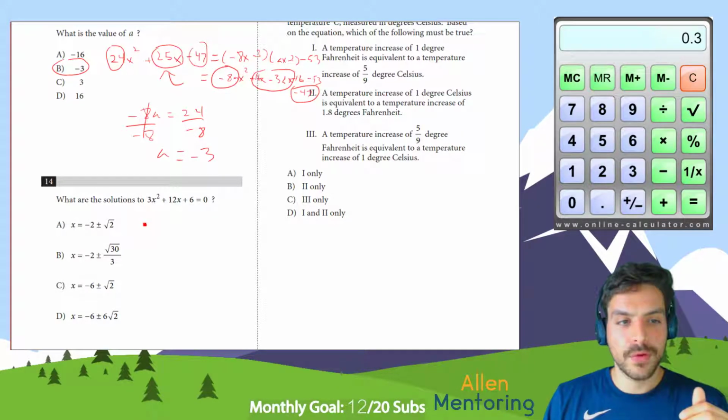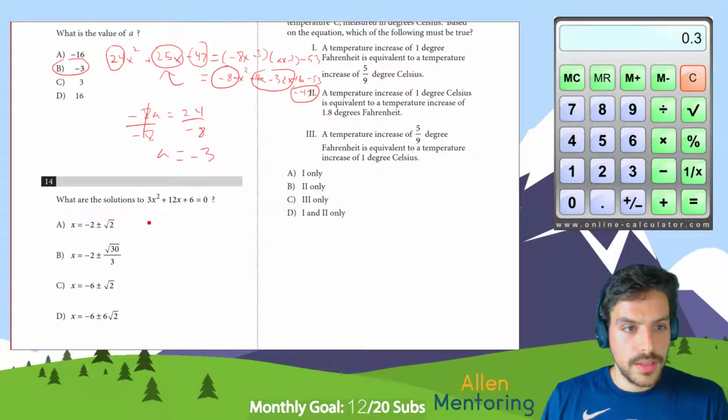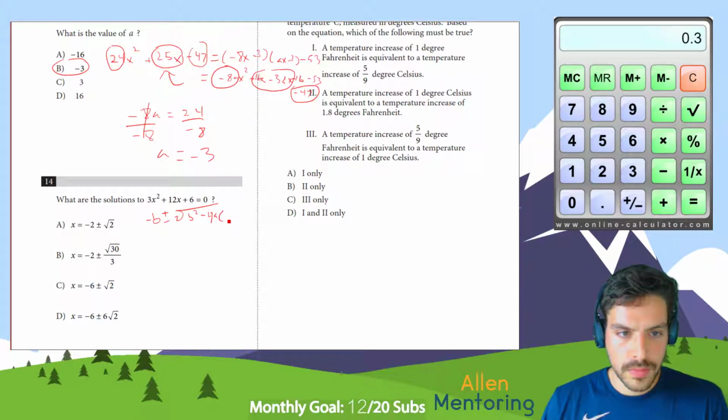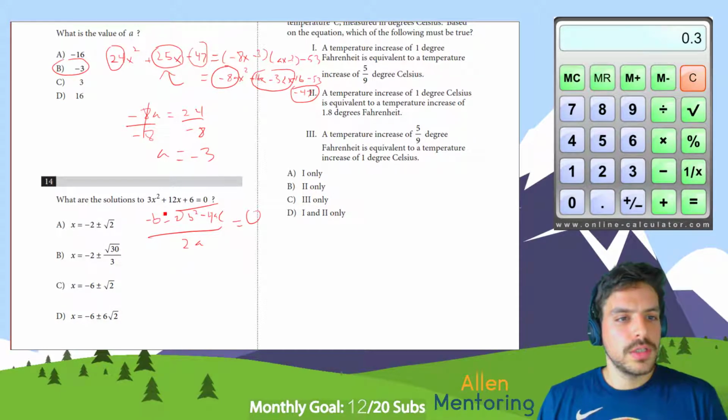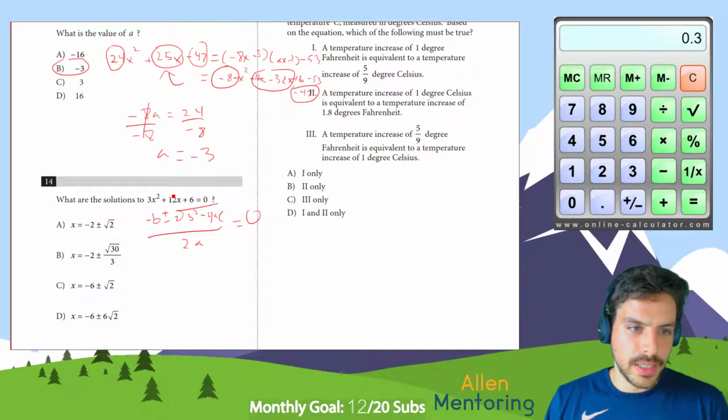So what is the quadratic formula? It is negative b plus or minus the square root of b squared minus 4ac all over 2a is equal to 0. Okay, so this is equal to 0, so we can now just easily extrapolate b, a, and c.